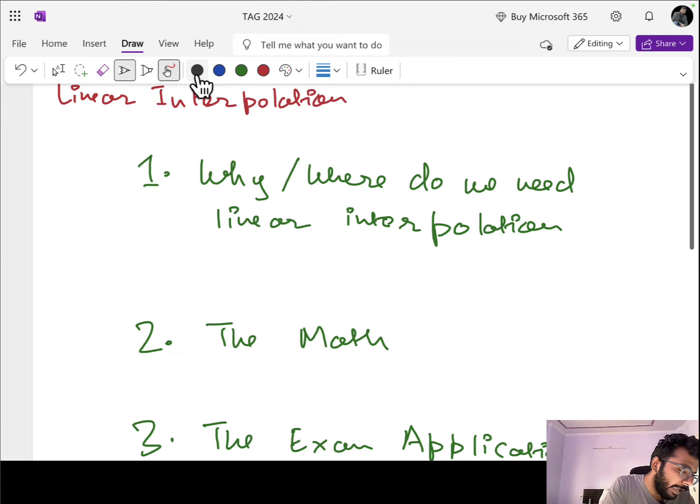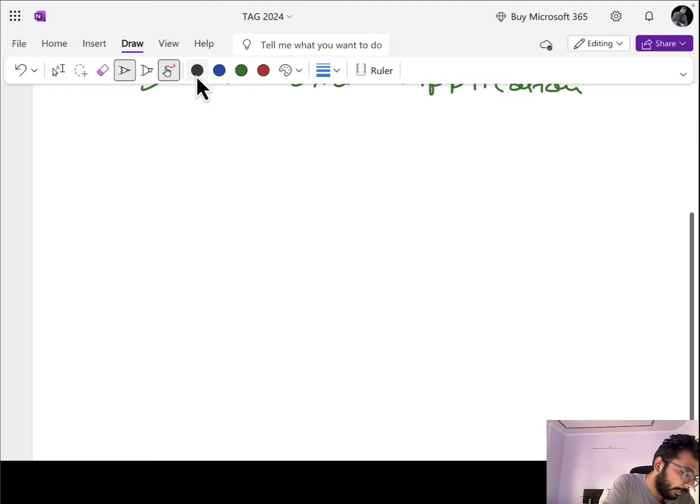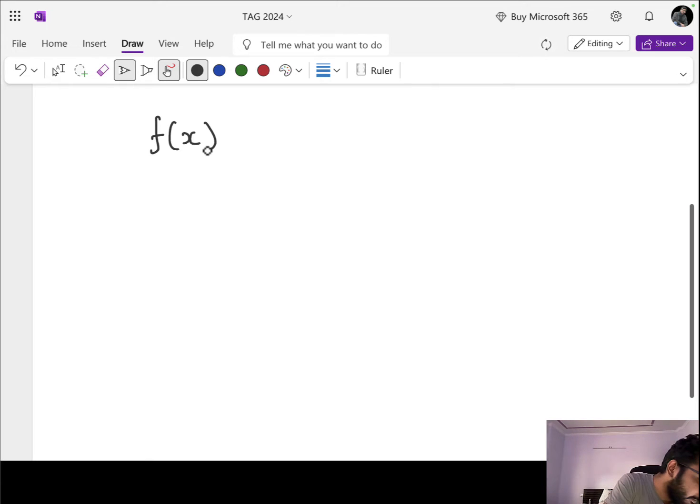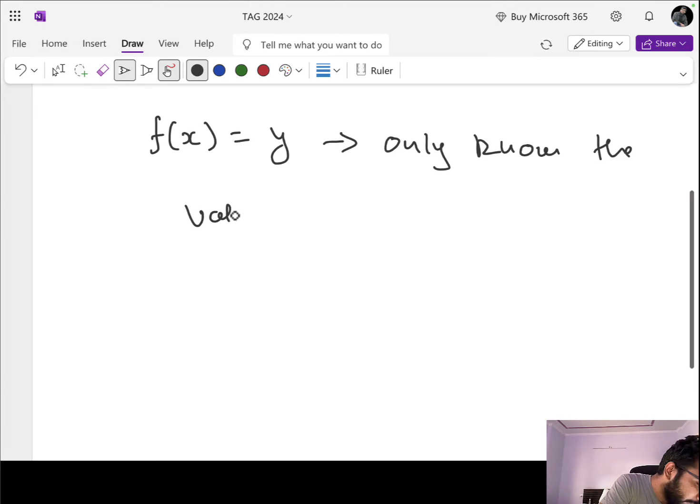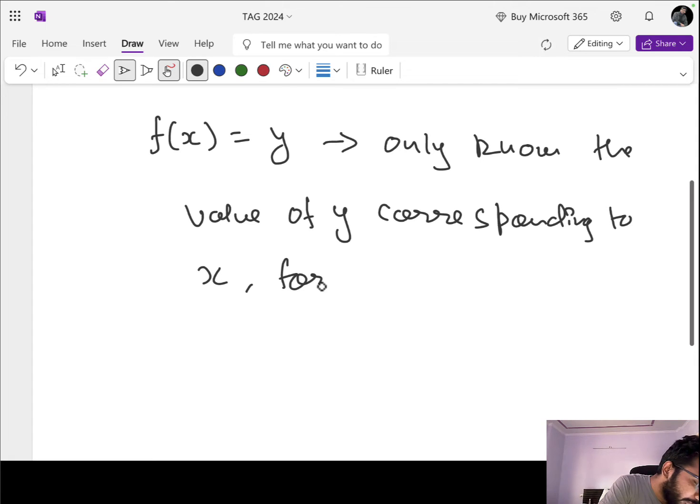So, firstly, where or when do we need linear interpolation in exam questions, right? Well, it's fairly simple. It is whenever you have a function of some variable x, which is, let's call it y, and you only know the value of y corresponding to x for a subset of values of x.